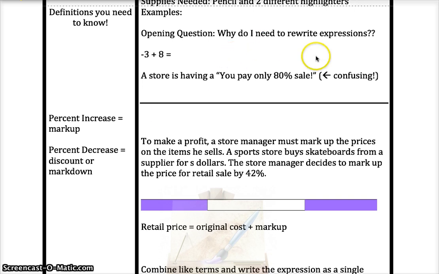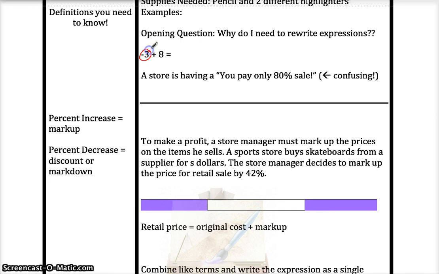So why do I need to rewrite expressions? Well, here's an example of an expression. It's -3 plus 8. And if we're doing -3 plus 8, we need to remember to add the opposite and figure out how to solve this problem. Well, one benefit of rewriting an expression is that we can rearrange these problems.